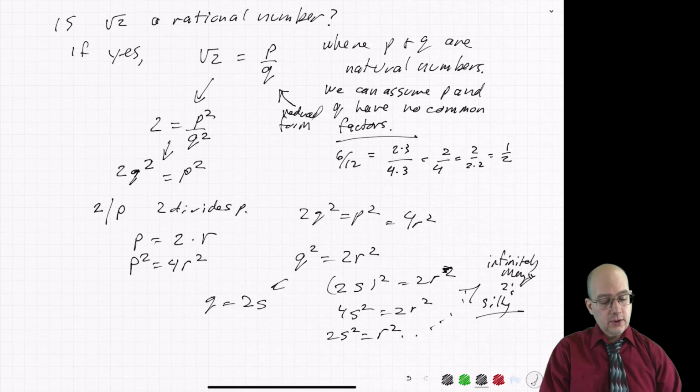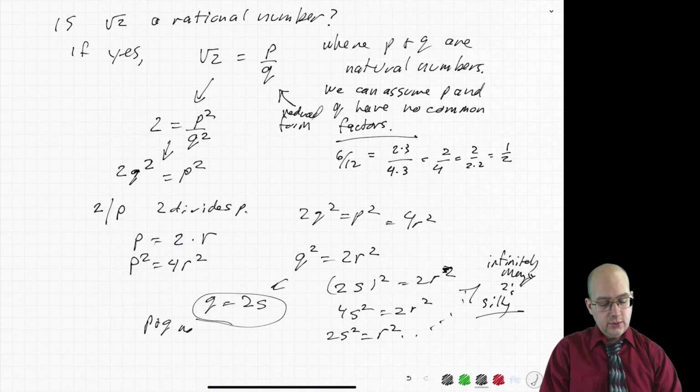So that doesn't work. Also, p and q have no common factors. That's all the mantra. So that's basically the problem with the square root of 2 being rational: it just doesn't work.